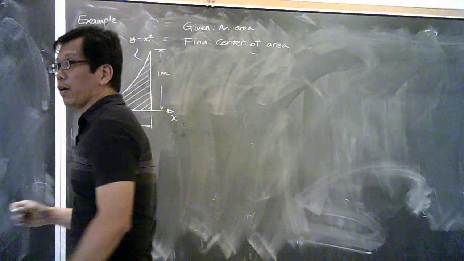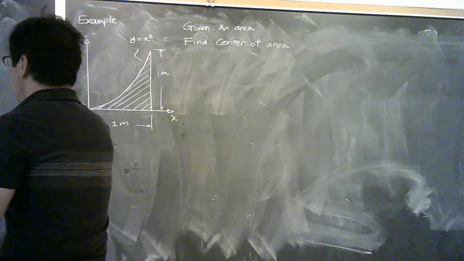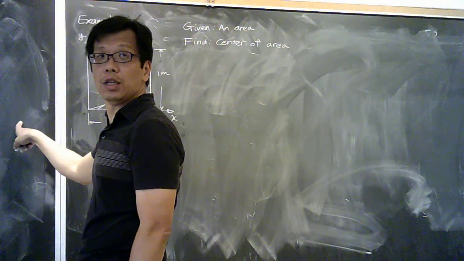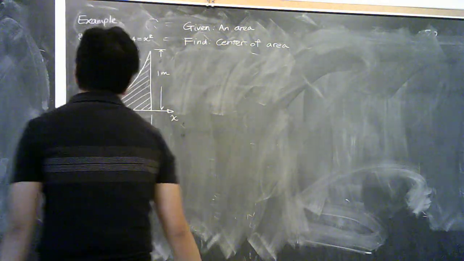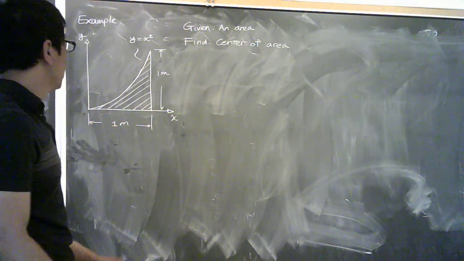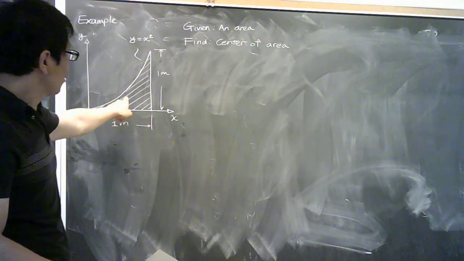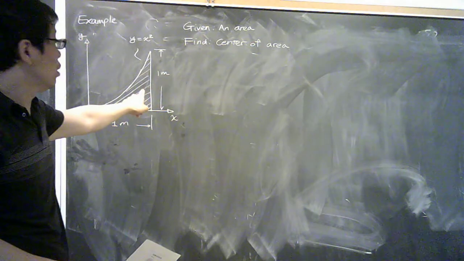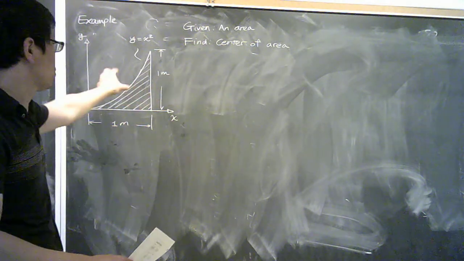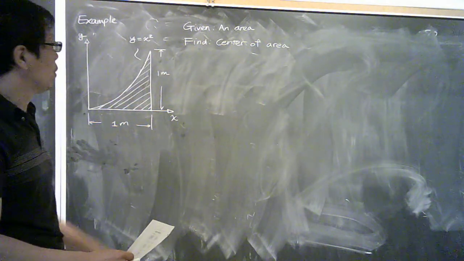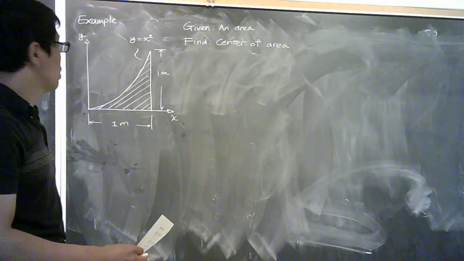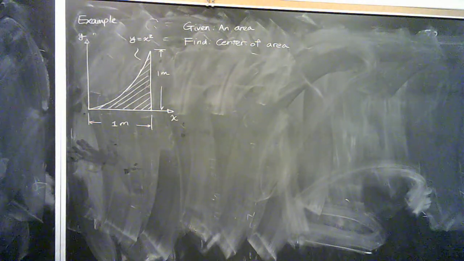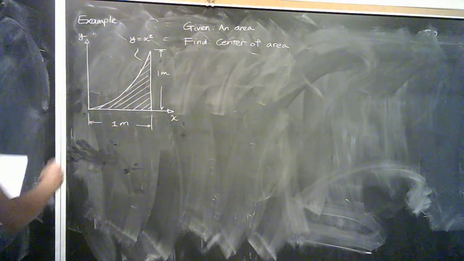When we try to find the center of area, the equation over here needs to be modified a little bit. And one other thing is, since this area is a mathematical function, it's not a discrete type of combination. So instead of using this set of formula, we will need to use this set of formula.